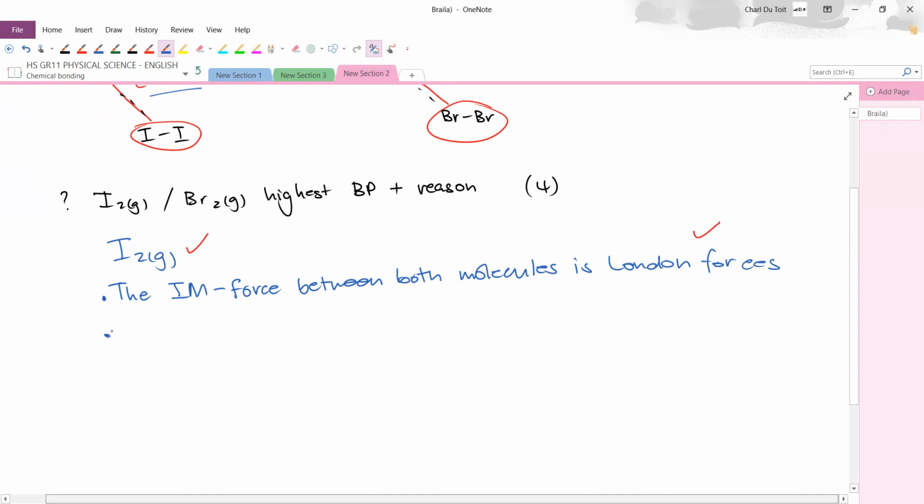Then, okay, what is the difference then between them? The iodine has a higher molecular mass. What does that mean? It basically means that there are more electrons, causing, you can either use the term a bigger dipole moment, but that's not in your textbook, so I don't recommend that, causing more polarity.